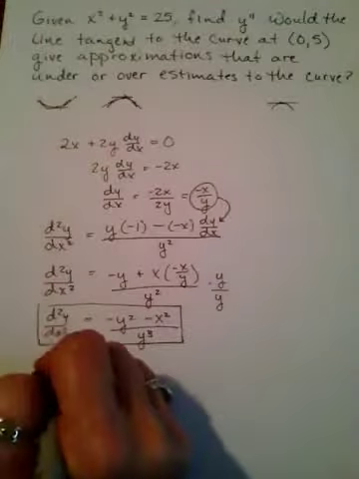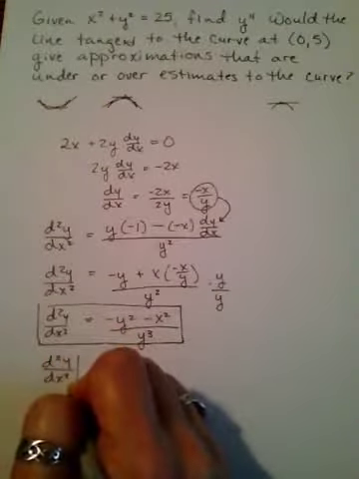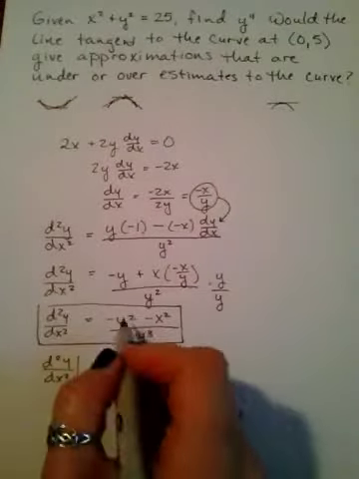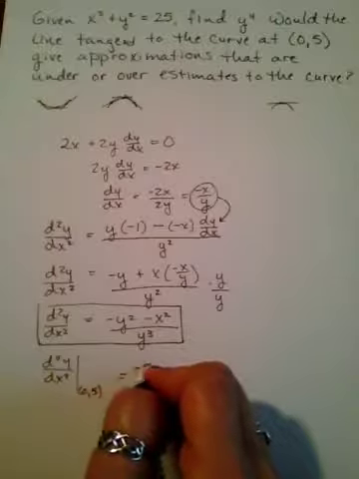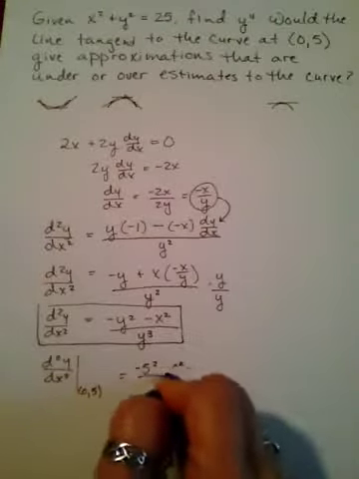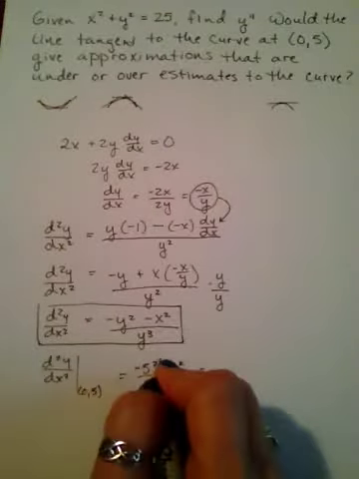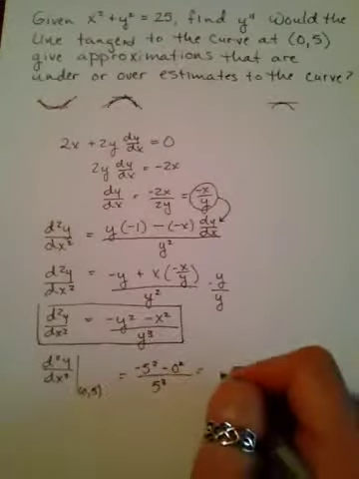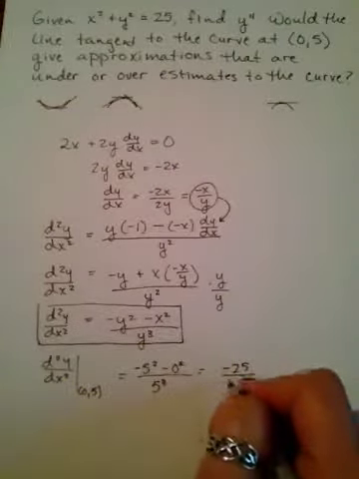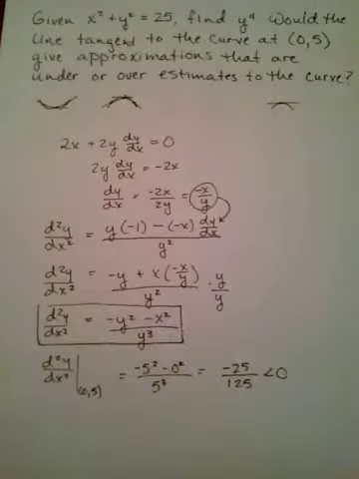So the second derivative with respect to x at this point (0, 5) is negative y squared, so negative 5 squared, minus x squared, over y cubed. This is a negative 25 minus 0 over 125.